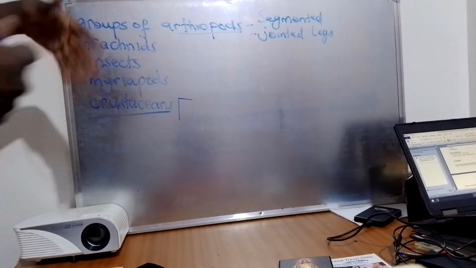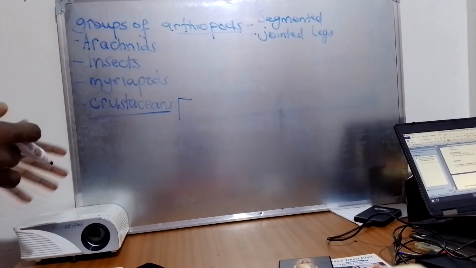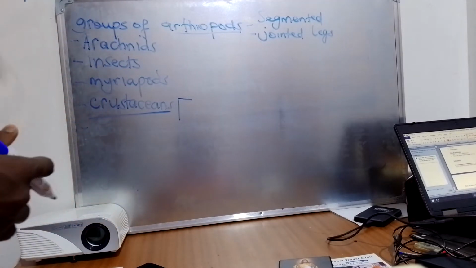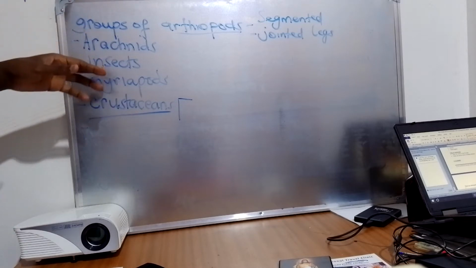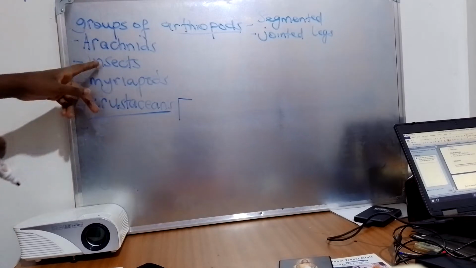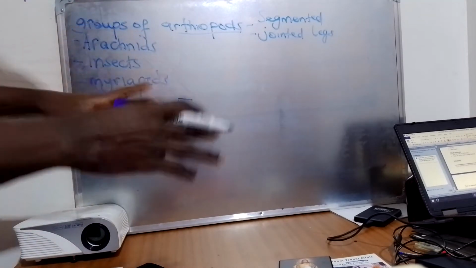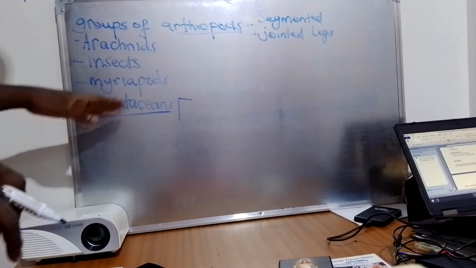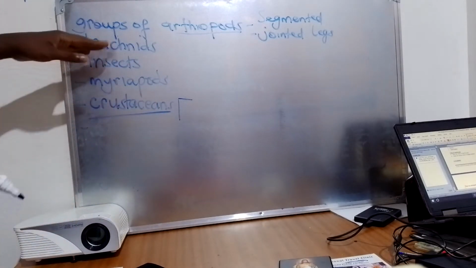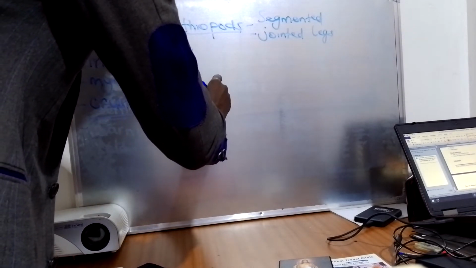We all are aware that all these arthropods have segmented bodies, but we have seen from the past that, for example, arachnids have 2 body segments, insects have 3 body segments, myriapods have many body segments. Crustaceans, just like arachnids, also have 2 body segments.